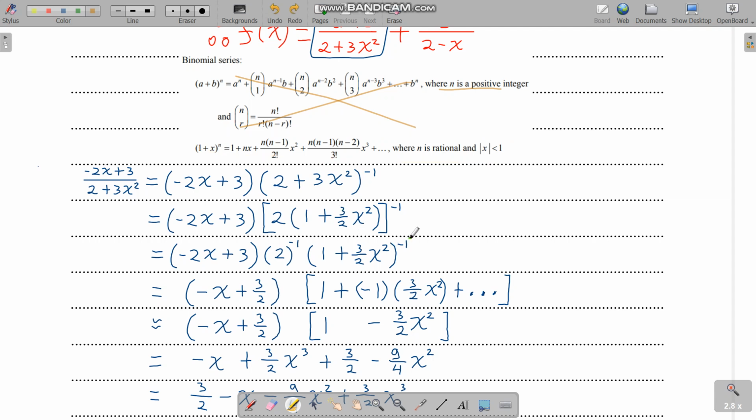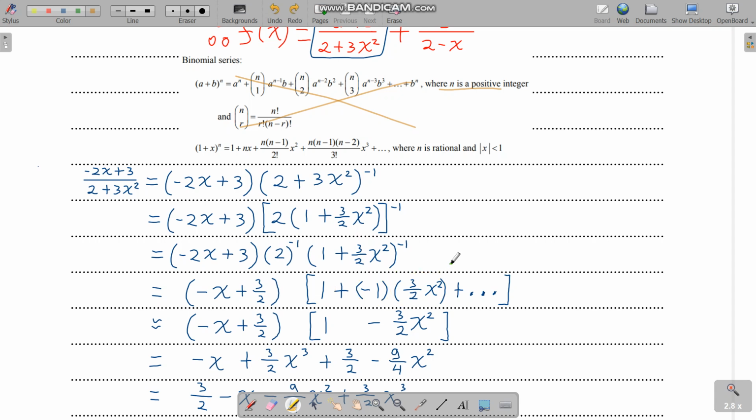So identify the n is minus 1, and the x. In the formula we have x squared and so on, but in the question this is 3x squared. So we have to use this 3 over 2x squared for the x in the formula. So this is 1 plus n times x.